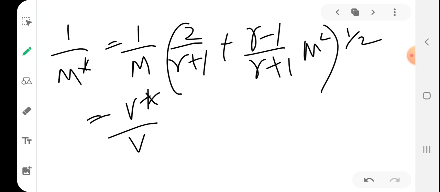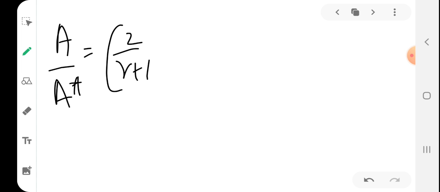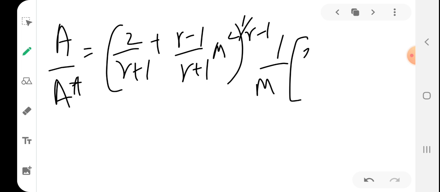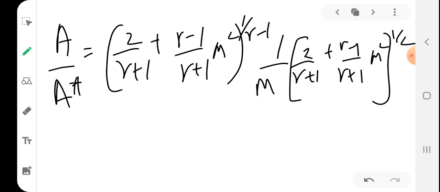We substitute these equations here, so after substitution you get A by A star as 2 by gamma plus 1 plus gamma minus 1 by gamma plus 1 Mach square, raised to 1 by gamma minus 1, into 1 by M into 2 by gamma plus 1 plus gamma minus 1 by gamma plus 1 Mach square, raised to half.